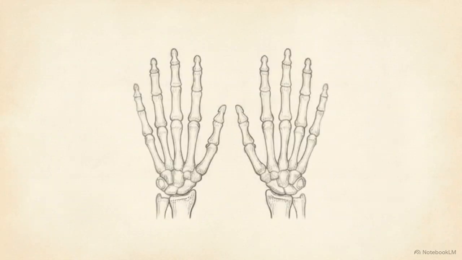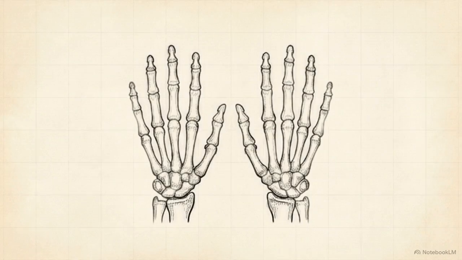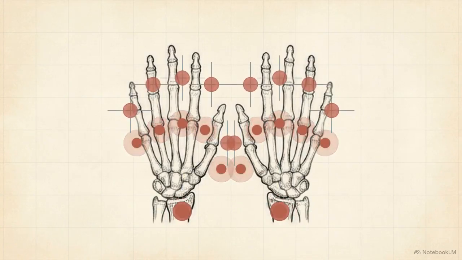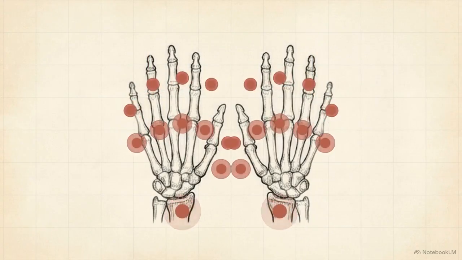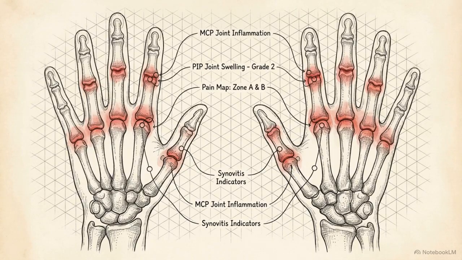Distinct diseases leave distinct fingerprints across this anatomical grid. Early rheumatoid arthritis heavily targets the knuckles and wrists, but completely spares the distal joints at the very tips of the fingers. The REMS phase successfully translates vague patient complaints into a mappable, precise coordinate system of symmetrical joint involvement.